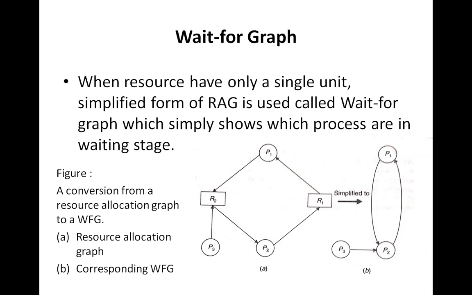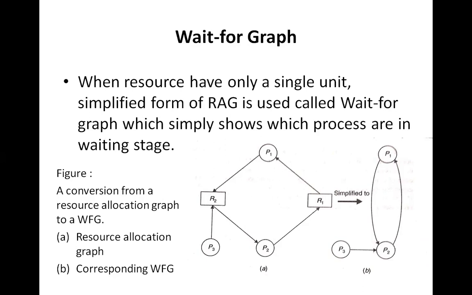In that case, we remove the resource nodes, and there will be an edge between the processes in that graph. So that simplified form of the resource allocation graph, in which the resources are having only single units, is known as the wait-for graph.